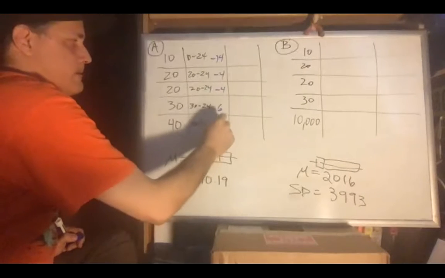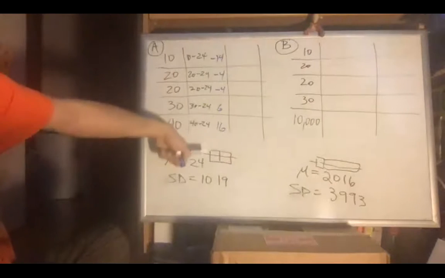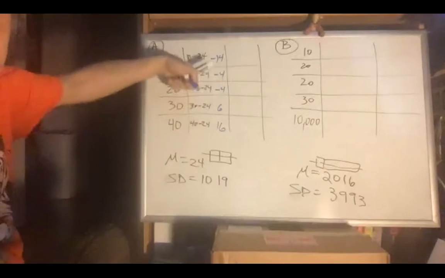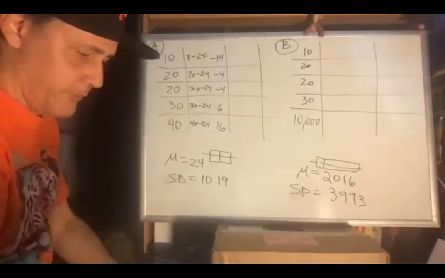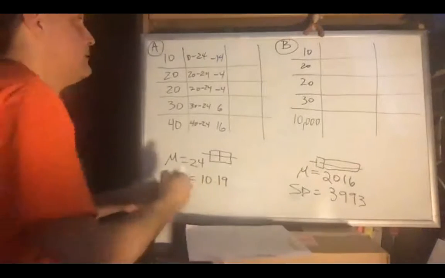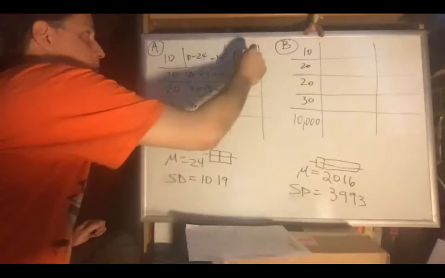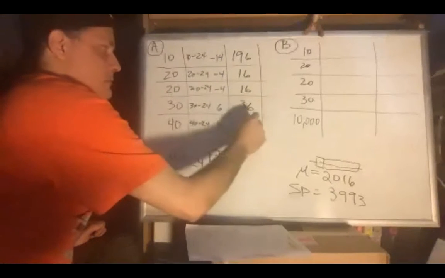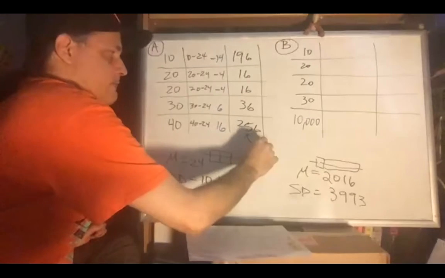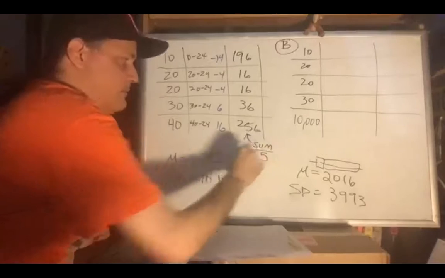So we don't want to just add those up and divide, because then we're going to have to deal with these negatives. So we square them, okay? And then you add them up and divide by 5. So you get the sum of that third column, then you divide by 5.